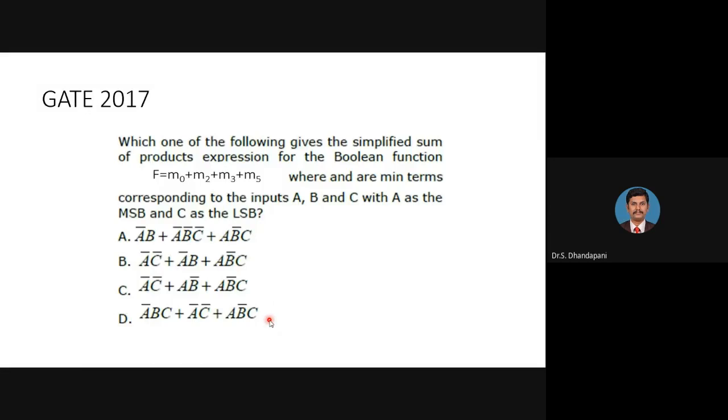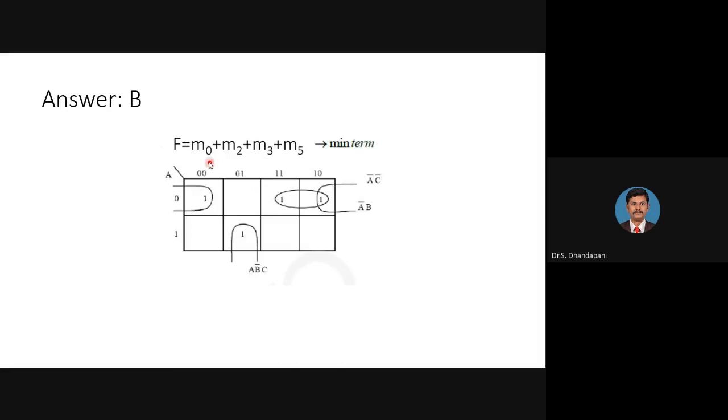Can any of you try and tell it? This is a simple function. This is a 3 variable problem. We have the minterms 0, 2, 3, 5. So the position 0, position 2, position 3, position 5.